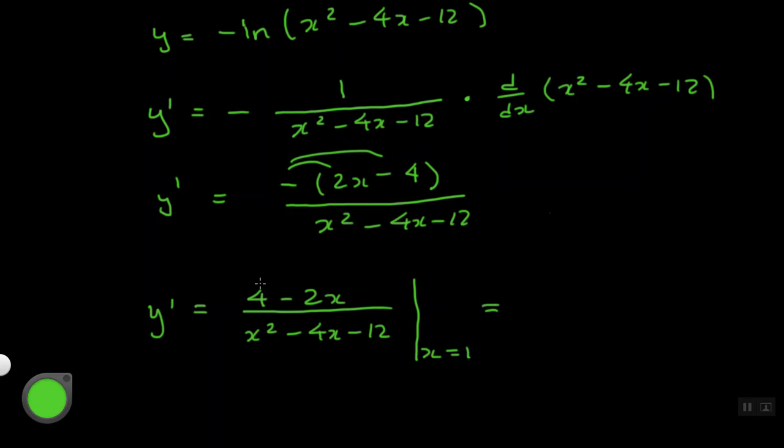That gives us 4 minus 2 times 1, or 2 on the top, and on the bottom we'll have 1 minus 4 minus 12, which is negative 15. So we should write that as negative 2/15. And remember, that is actually our tangent slope at x equals 1 for this function.